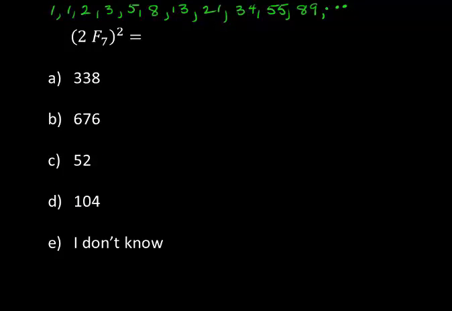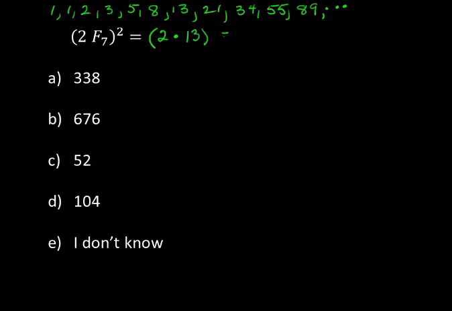Now this problem, again, the parentheses tell you that you are squaring a number. And that number is 2 times the 7th Fibonacci. So let's see, I'll keep the parentheses on and write 2 times. The 7th Fibonacci is 13.